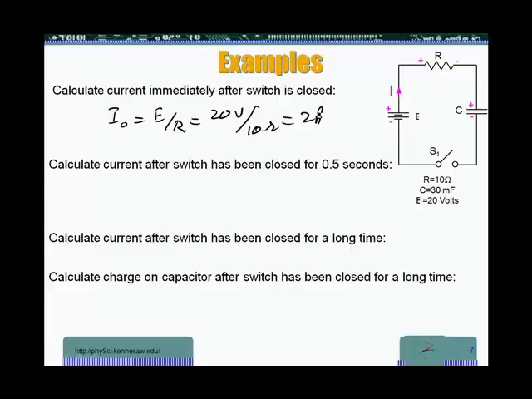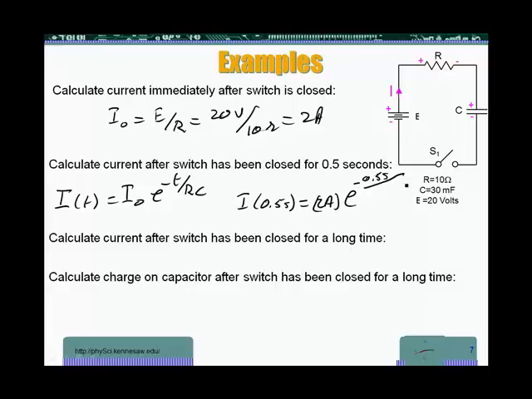Then it's asking us about the current after the switch had been closed for 0.5 seconds. For that, we need to use the equation for current. I of t is equal to I0 exponential minus t over RC. So in this case, we are looking for I at 0.5 seconds. So that's going to be 2 amps exponential minus 0.5 seconds over R times C. So 10 ohms times C, which is 30 millifarad.